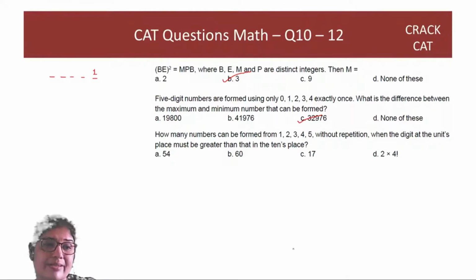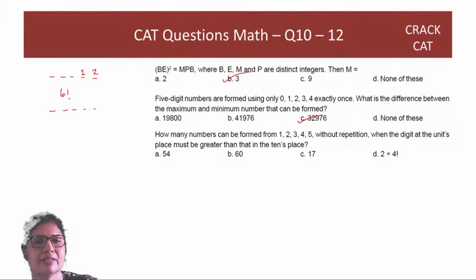So if that is 2, then your tens place can only be 1 and the remaining 3 digits can be filled in 6 ways.